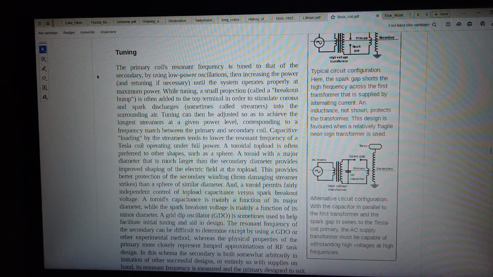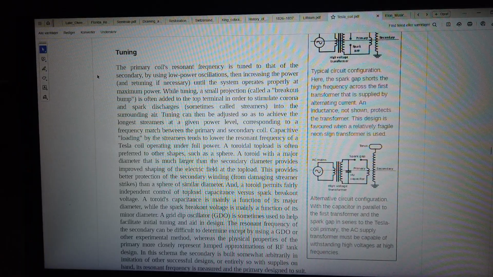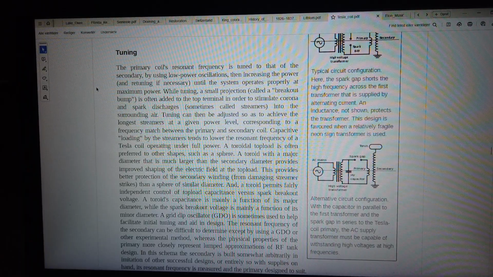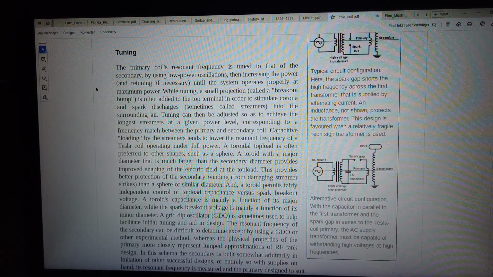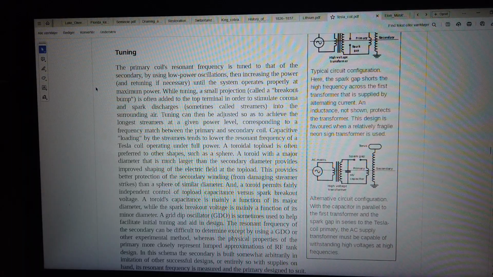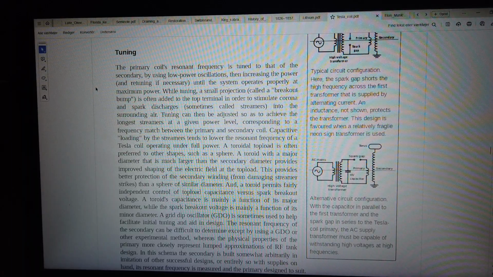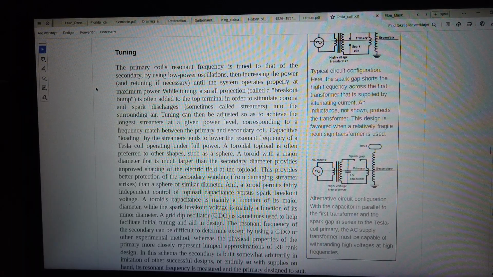Tuning can then be adjusted so as to achieve the longest streamers at a given power level, corresponding to a frequency match between the primary and secondary coil. Capacitive loading by the streamers tends to lower the resonant frequency of a Tesla coil operating under full power.